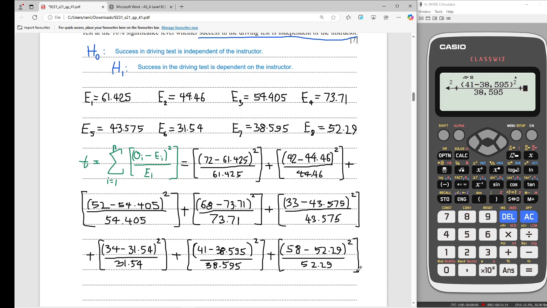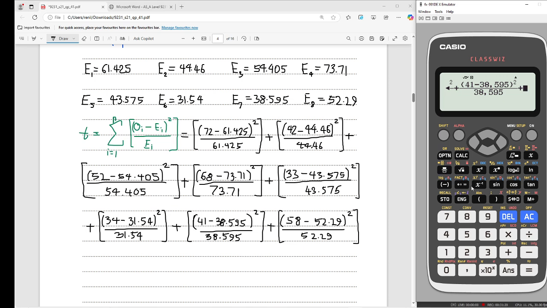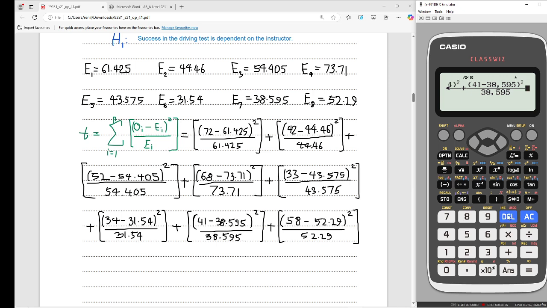Okay, so this is how we calculate the test statistic. Very tedious, but it is how it is. It looks like we've reached the limit to which this calculator can take more functions, so I'm going to add this last part after we've calculated the total of this.